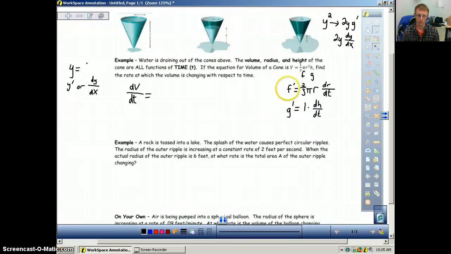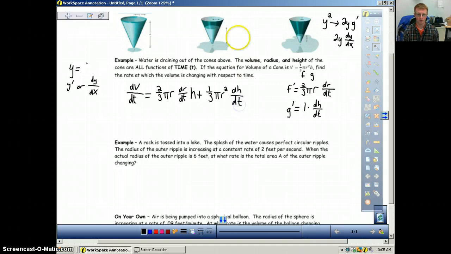So now when we write out our derivative, it's just going to be the product rule, which will be f prime times g, so it'll be 2/3 pi times r times dr dt, and then don't forget to multiply by our g, which is h, plus, now we do our g prime times our f. So I'm just going to leave the f first, so f is 1/3 pi r squared, and then multiply it by our g prime, which is dh dt.